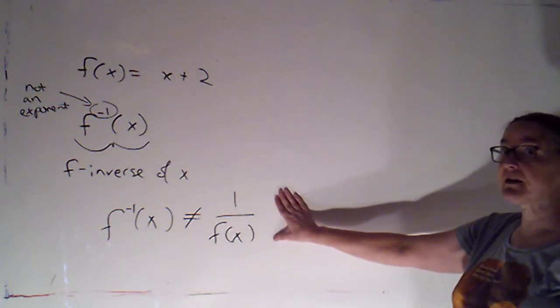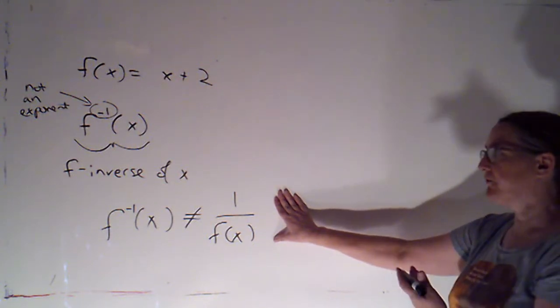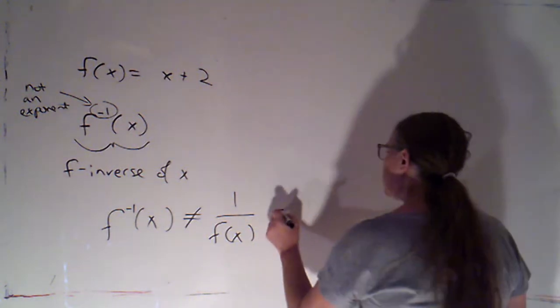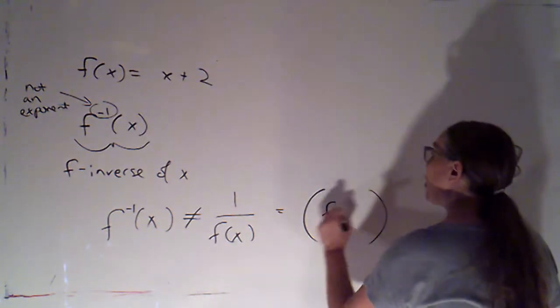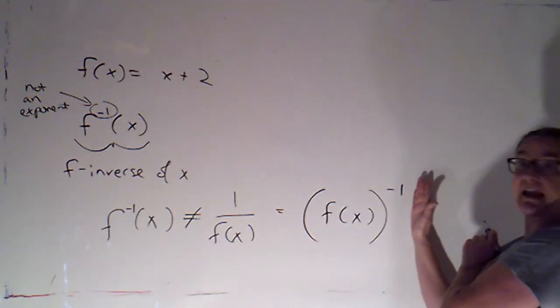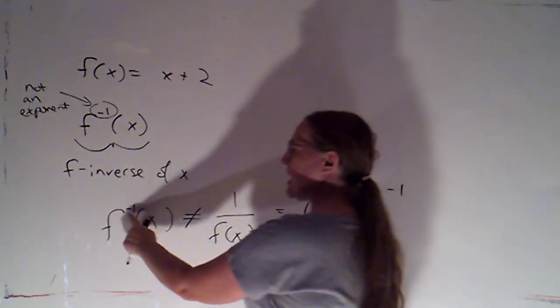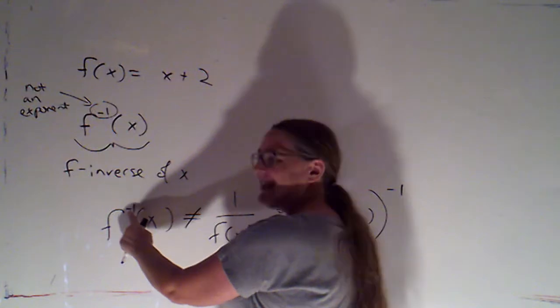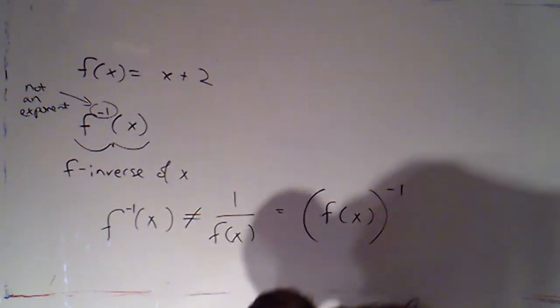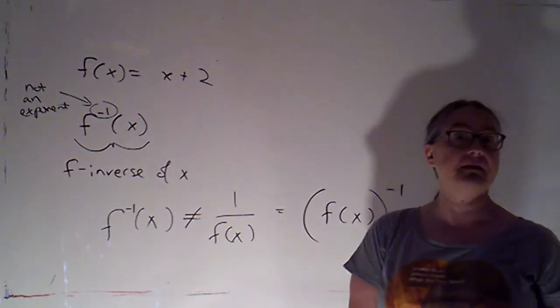If I mean the reciprocal of f of x, I either write 1 over f of x, or I could write in parentheses f of x raised to the -1. That is now an exponent, but when it comes right after the f sign, that's an inverse sign. That's saying we're talking about the function that's going to undo the thing that f does.